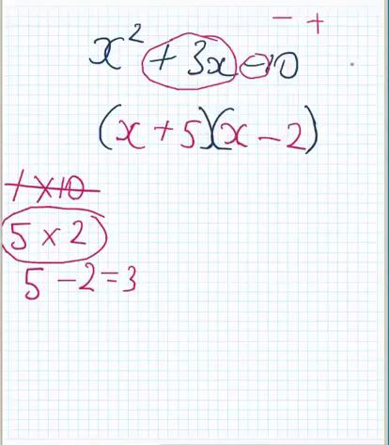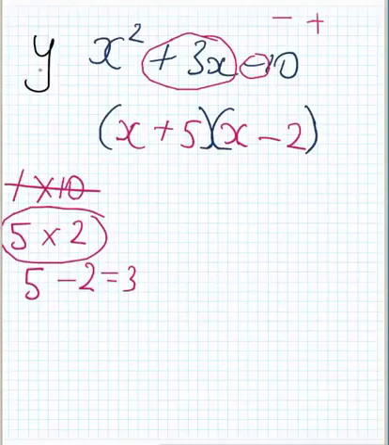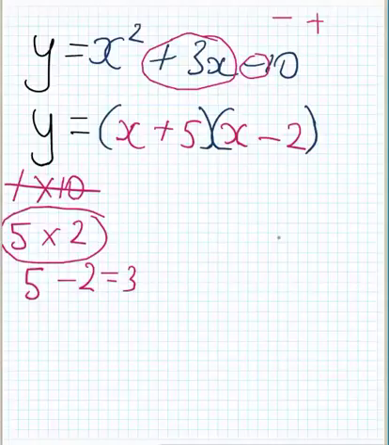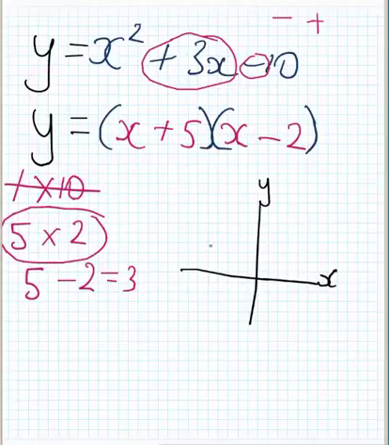And just before I forget, the whole point of factorizing a quadratic equation, so if I added a y here, we have our quadratic equation. The whole point of this is, when we look later on at parabolas, so I'll just draw a quick graph. Sorry that it's crooked. Later on, we'll learn how to find the x-intercepts.